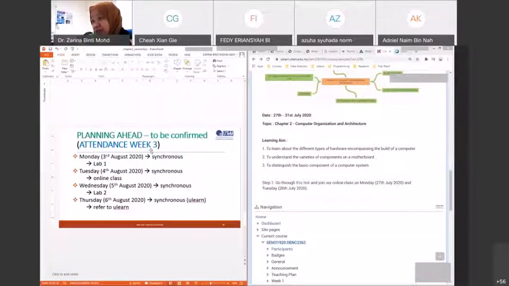Next week is to be confirmed. Usually, if there is no announcement made, it means we will carry on with what we planned. Kalau ada apa-apa perubahan nanti saya akan bagi tahu. For now, this is our plan for week 3. Week 3, we are going to have lab 1.